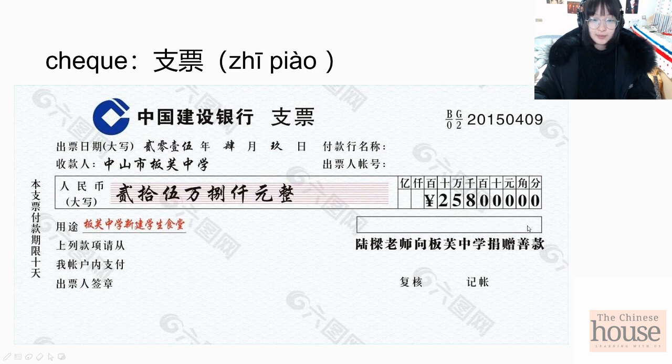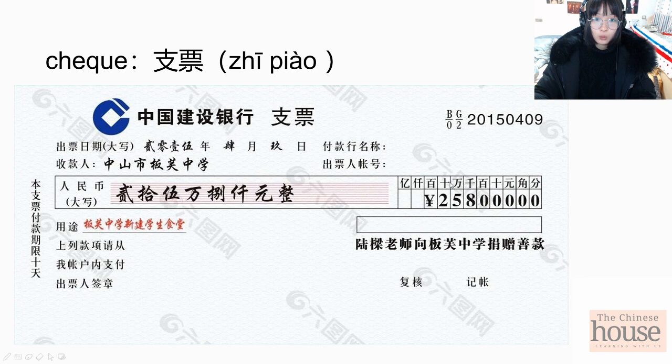Can you read this? Okay. There are characters we just learned. 分 and 角 are both 0, so we just leave them alone. 元 0, 十 0, 百 0, and this is 258,000. We just learned 10,000 is 万.